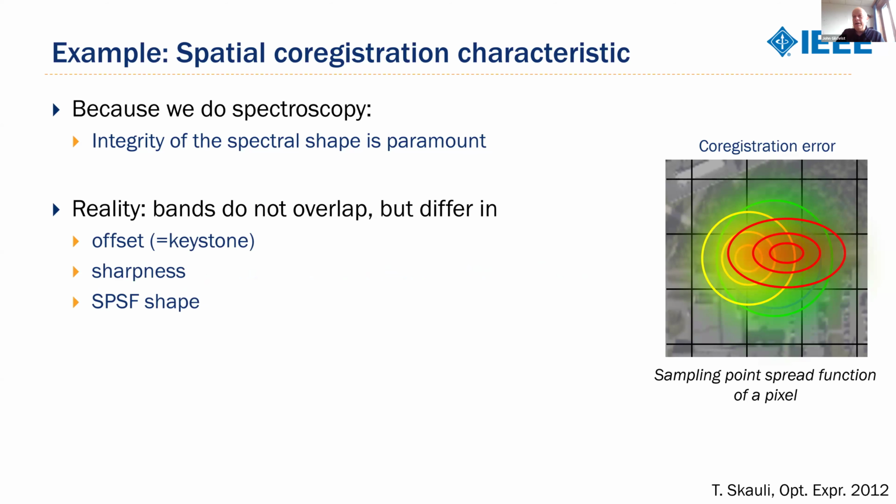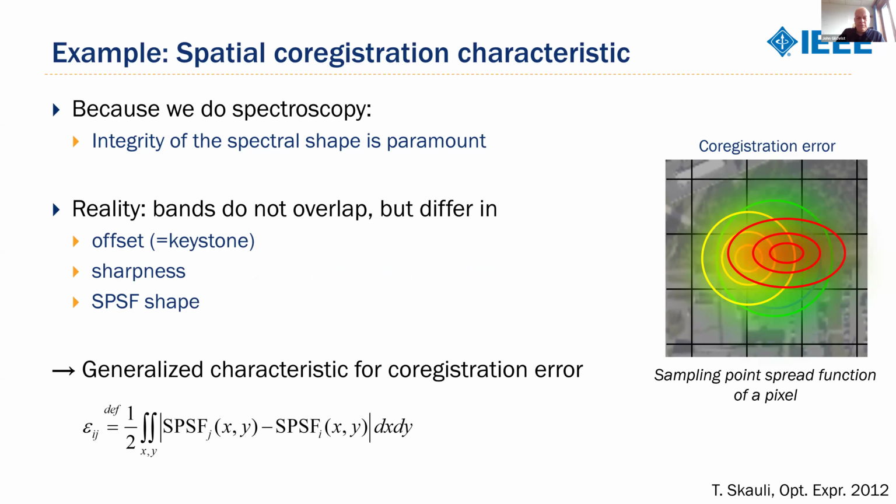And to account for this in a quantitative way, it turns out that by integrating the difference between these pixel sampling point spread functions, we get a metric that actually is an upper bound on the error in reflectance that you estimate from this image.